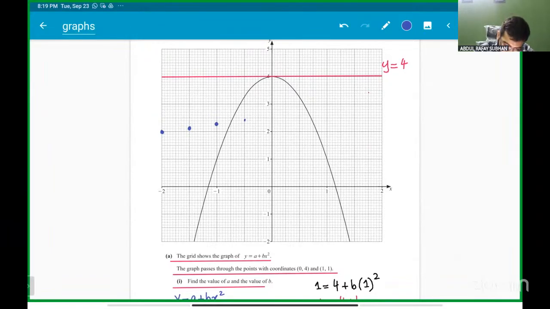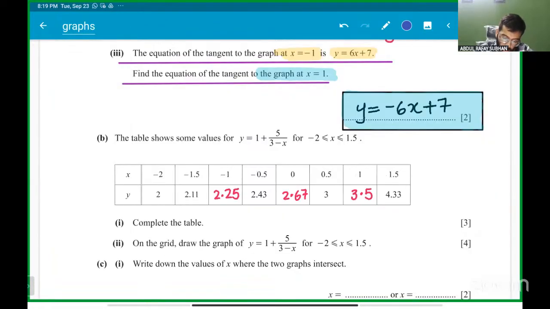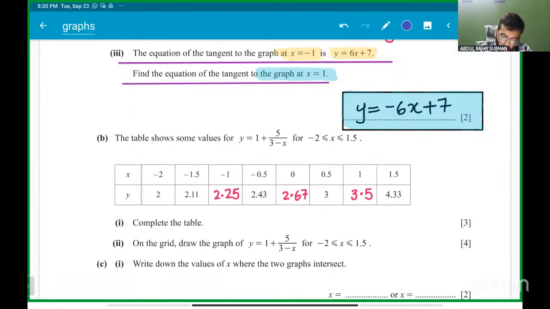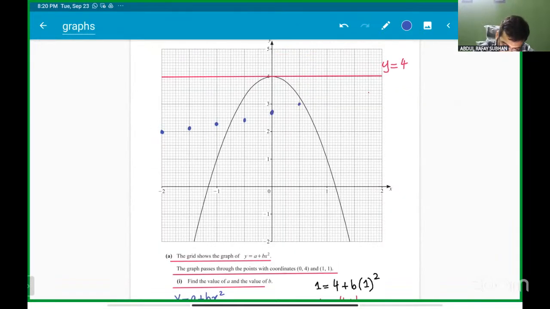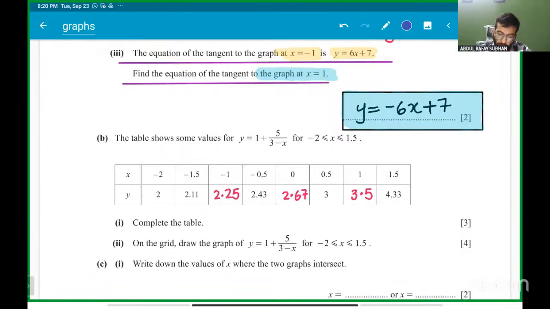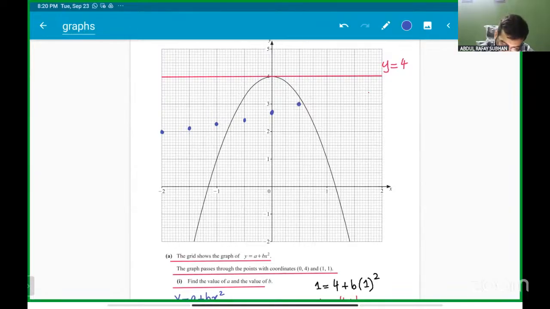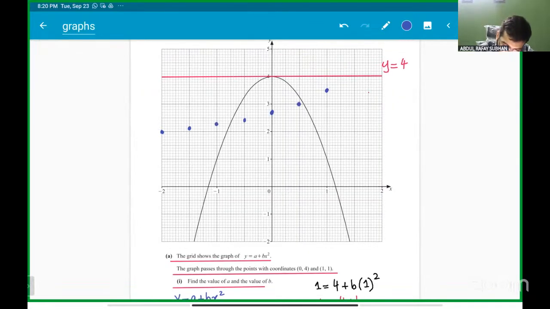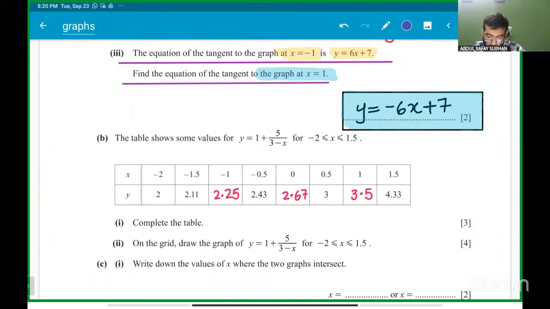And then when x is 0, y is coming 2.67. When it is 0.5, we go to 3. At 1 we go to 3.5. Now the difference will start increasing: at 1.5 it is 4.33. That's how the graph will be looking.